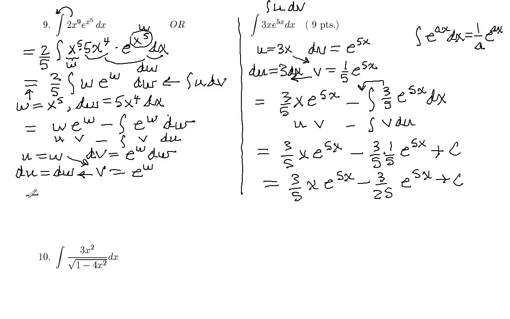So now we're almost there. So w e to the w, we keep that. And then the integral of e to the w is just e to the w. And it's indefinite, so add our constant.